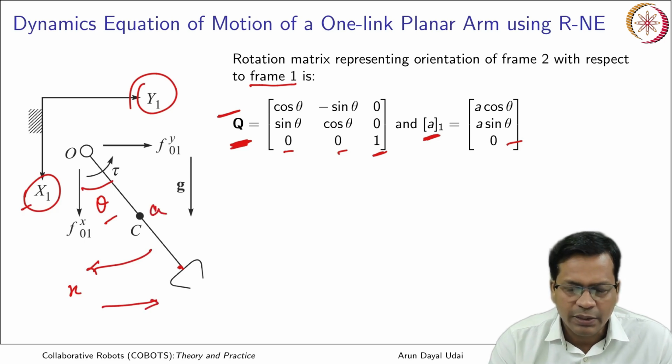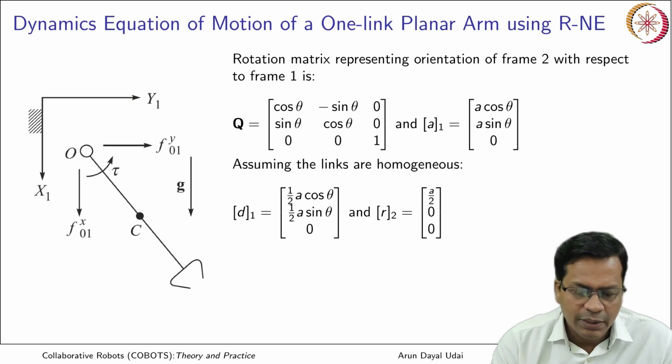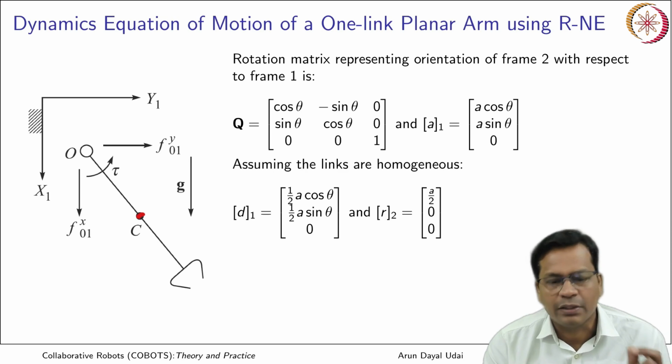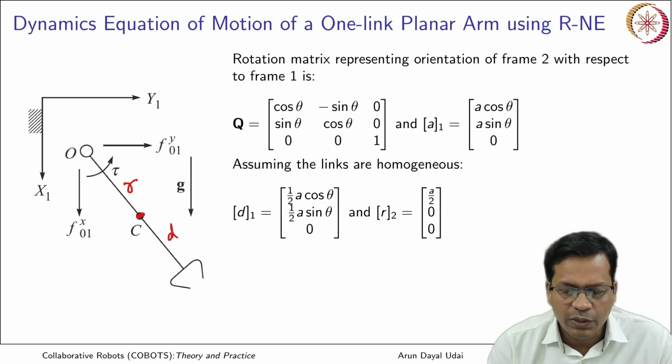So that is written here. Assuming the links are homogeneous, the mass center location will be at the center. So this is your r, this is your d. d will be equal to 1 by 2 a, at the center, cos theta, sin theta and 0.